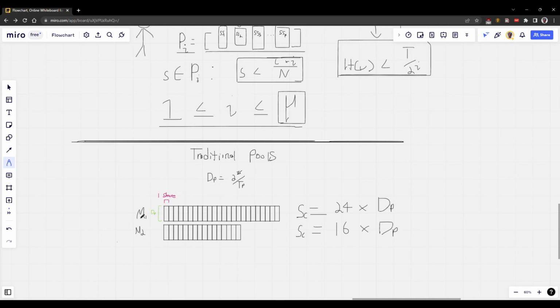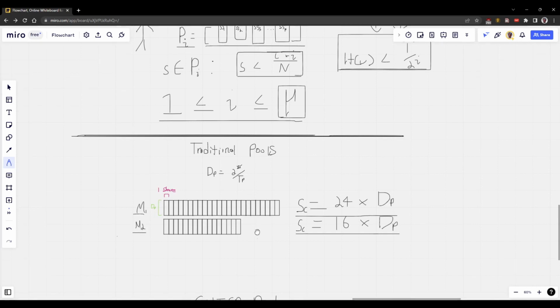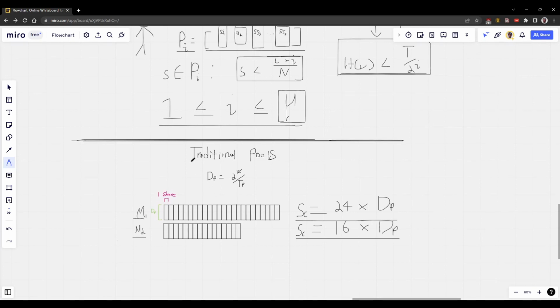And really what's going on here is you have two miners, M1 and M2, and the way their scores are evaluated is by the number of shares that they submitted. Because the share difficulty is constant for them, the height of all these shares, at least inside our visual representation, is always going to be the same. And they're really evaluated by the number of shares. So M1 created more shares than M2, so they get a higher score. Now, that's how a traditional pool works.